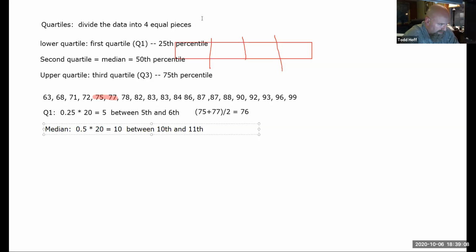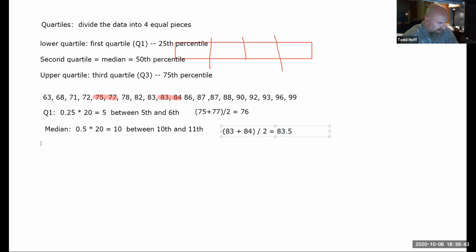Well, the 10th and the 11th numbers, let me count, one, two, three, four, 5. It is 83 and 84. So we add those together. 83 plus 84 divided by 2 is 83.5. That is the median.